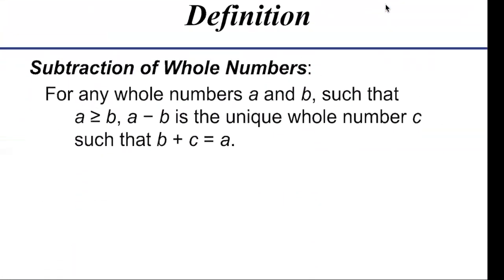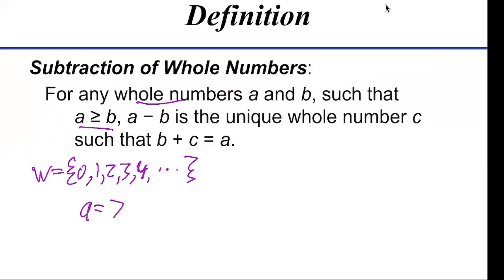Okay, this definition. So notice that we have 2 numbers, A and B. A is greater than or equal to B. So we're talking about whole numbers. Again, here's our whole numbers. Let's take A equals 7, B equals 4.